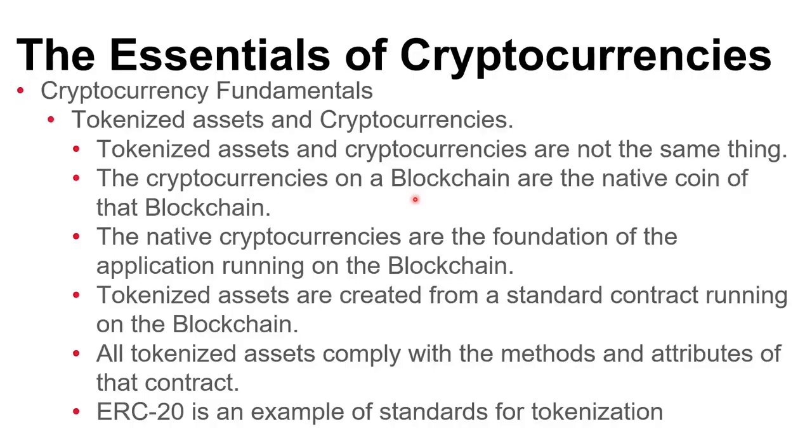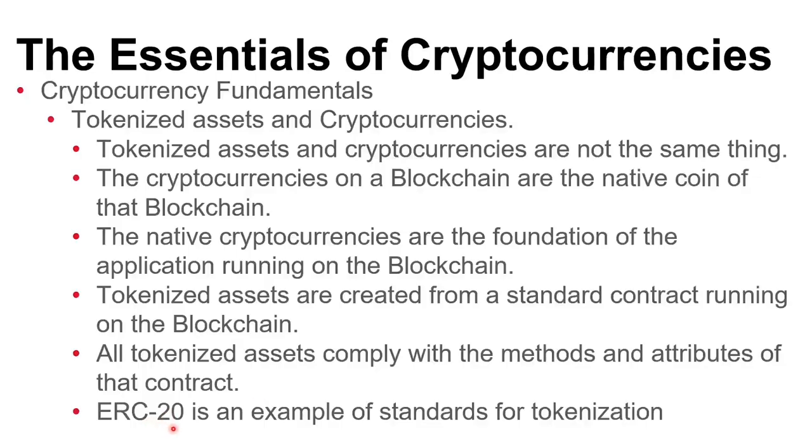So EOS, Ethereum, the Ether, they are all driving the transactions on their networks. Tokenized assets are created from a standard contract running on a blockchain, and all tokenized assets comply with the methods and attributes of that contract. So if we think about an asset and we want to tokenize it, we have to think about those identifying characteristics or attributes that we can then build into the token that we're building.